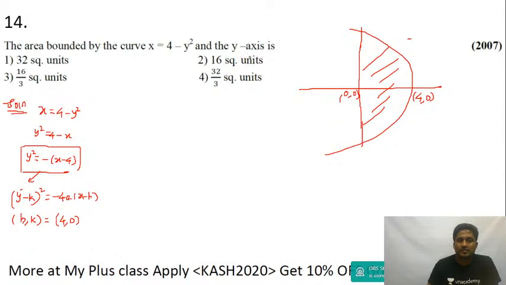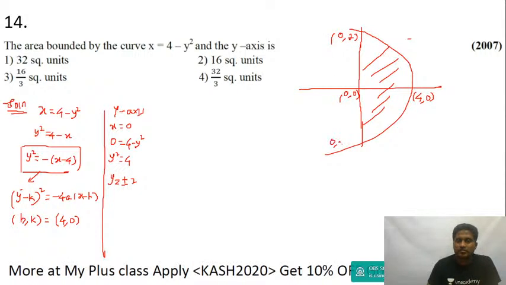That's the vertex. It is cut at 0, 0. So the area bounded by the curve and the y-axis, right? If it is the y-axis, then obviously x will be equal to 0. If x is equal to 0, you get 0 is equal to 4 minus y square. You get y square is equal to 4, so y equals plus or minus 2. So this is 0, 2 and this is 0, minus 2.